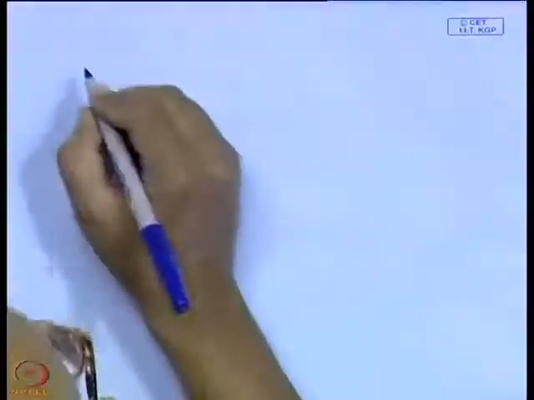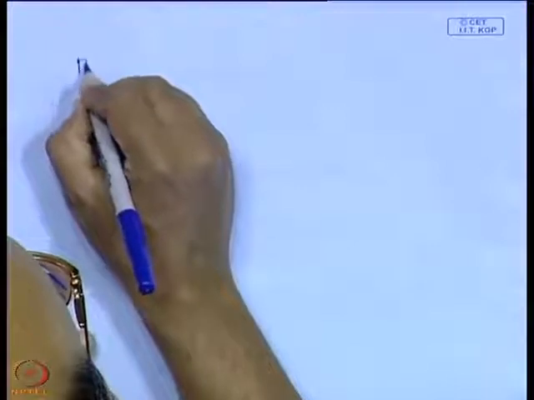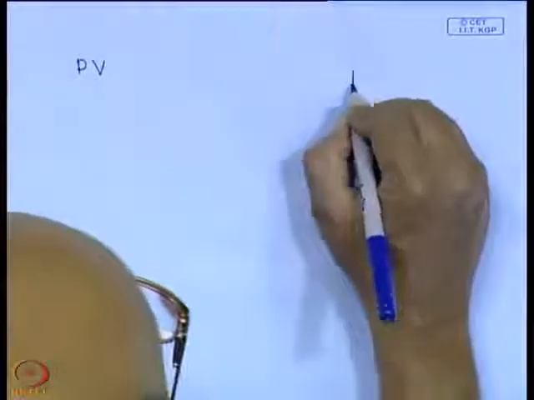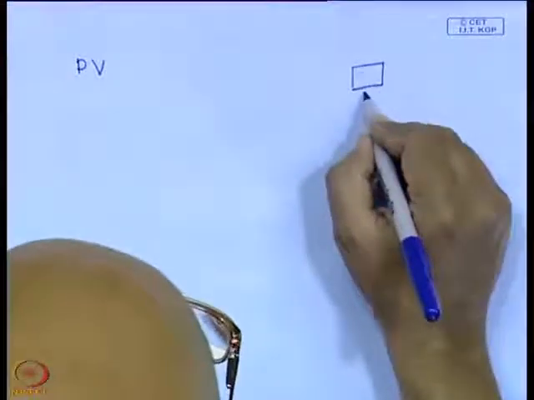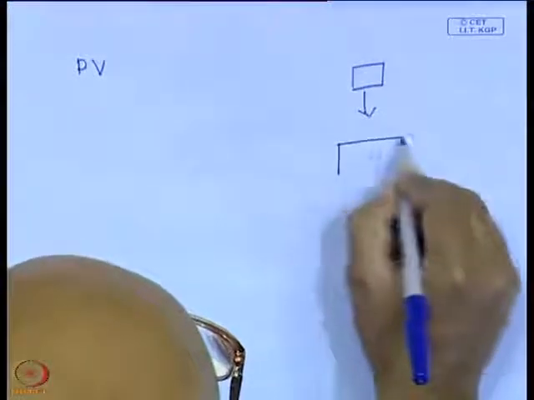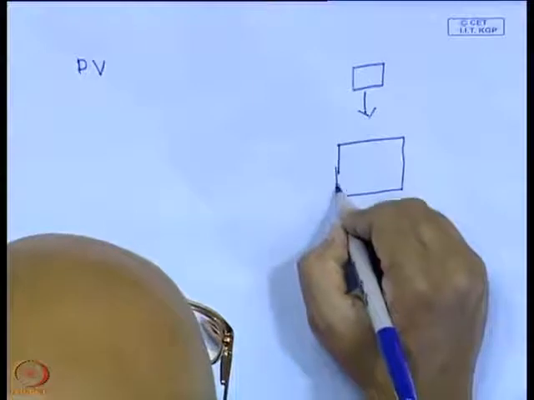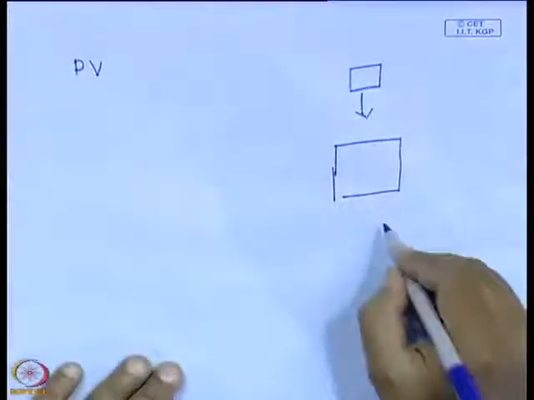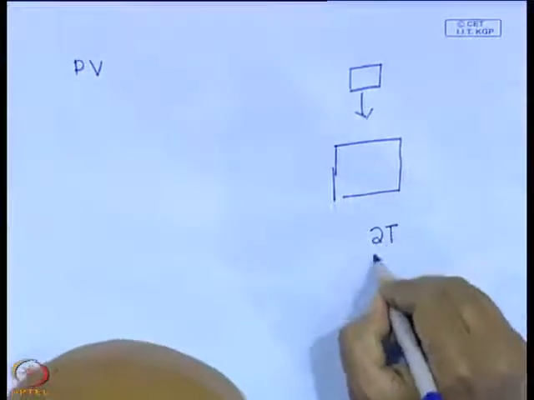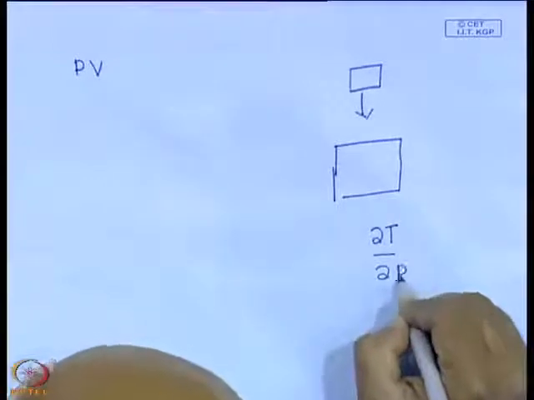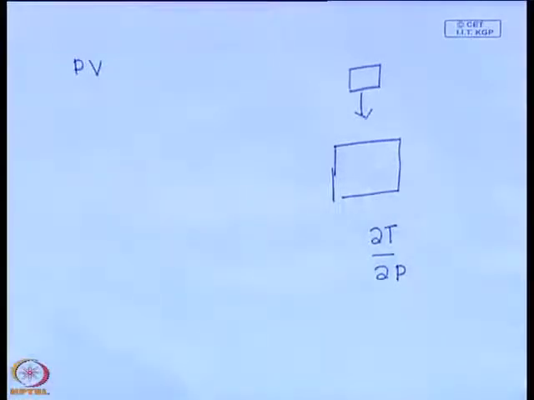So we know that it has an equation of state. Let us consider a gas, and this gas is made to expand adiabatically. We would like to calculate ∂T/∂P for such an adiabatic expansion.